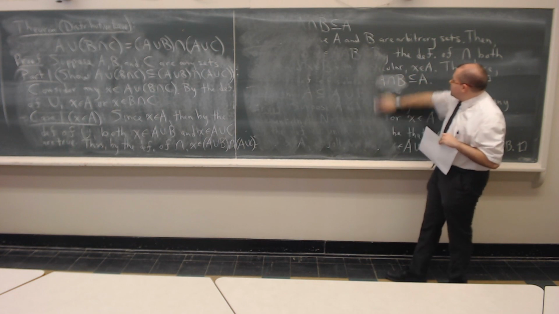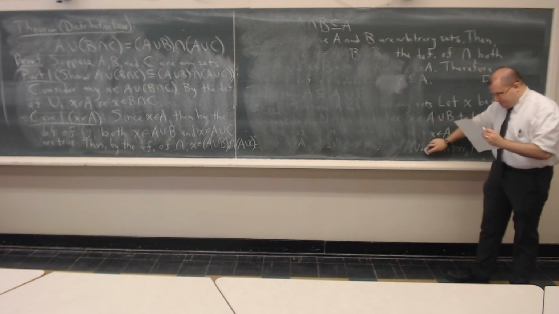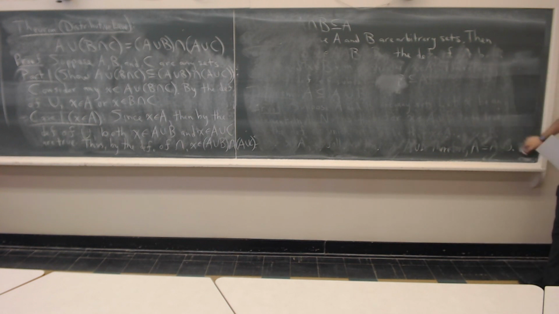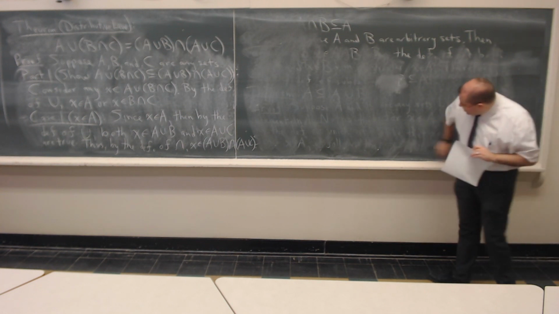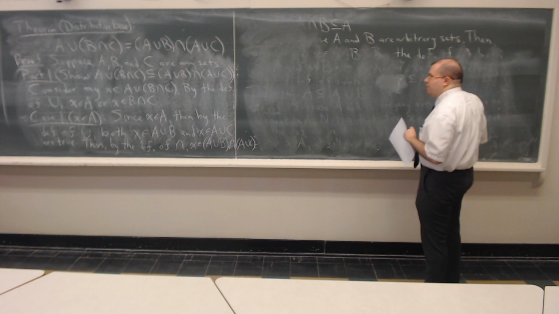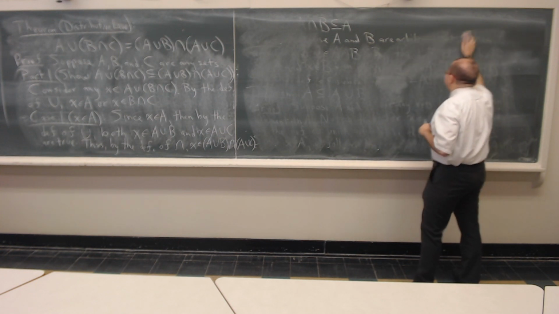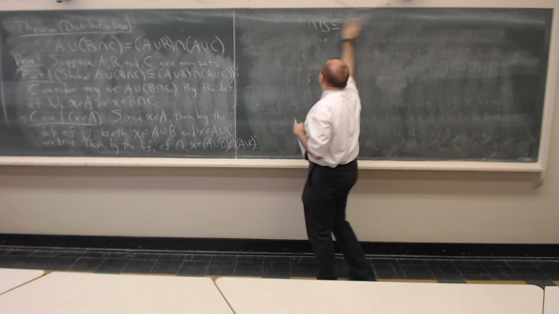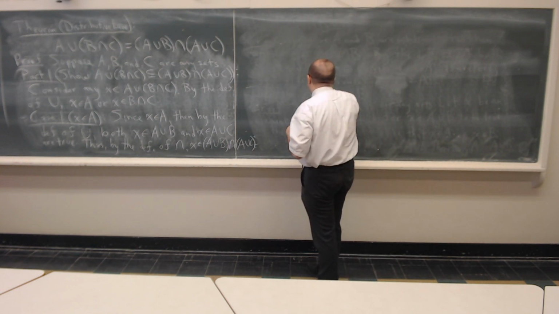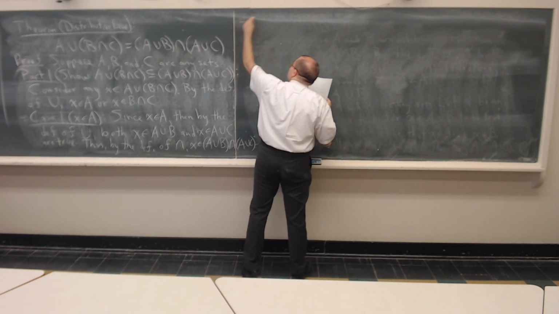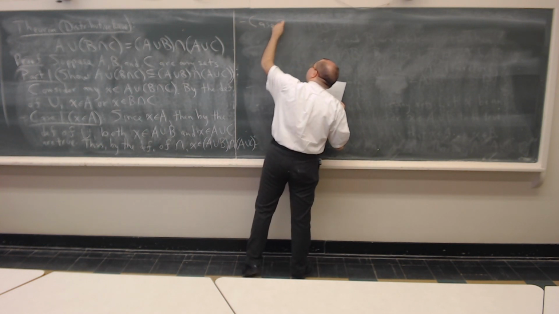You're going to find I'm going to do something quite similar to this. But we have to be a bit more careful, because this isn't just a single set that I'm playing around with. Now I have two of them, so I need to be a little bit more careful. So we have case 2.